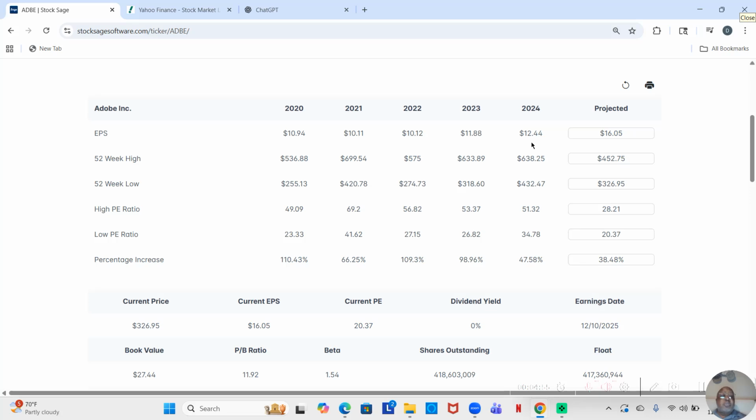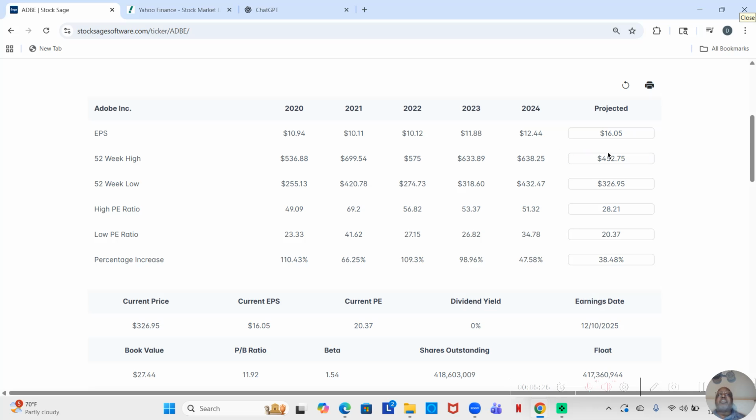And Adobe Inc. just about meets that category. In 2020, it was $10.94 a share. 2021, $10.11. 2022, $10.12. 2023, $11.88. 2024, $12.44.